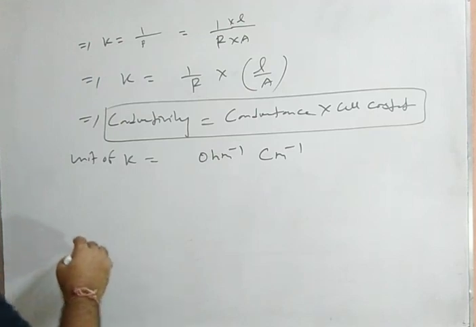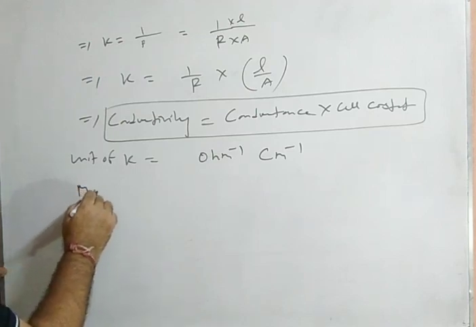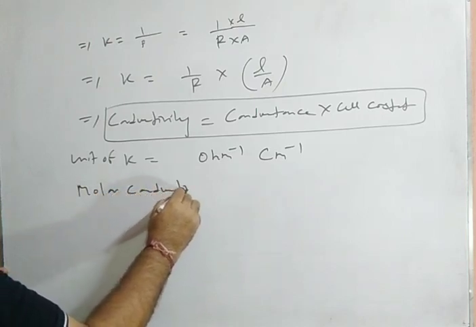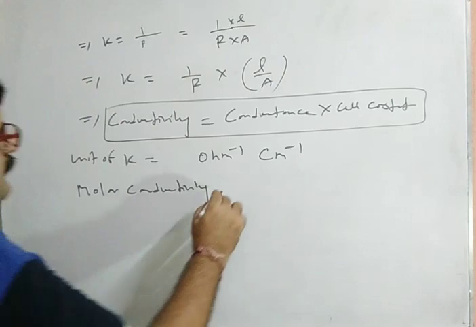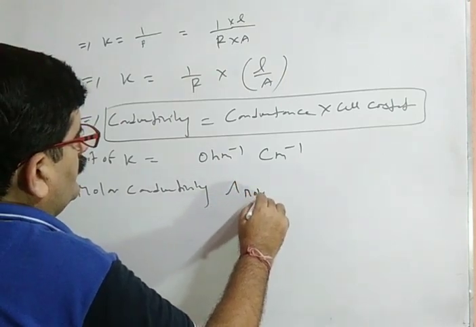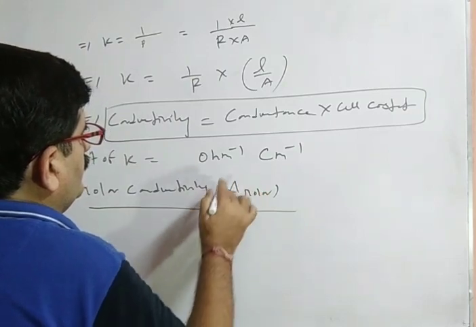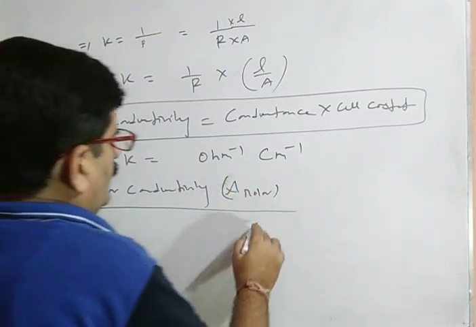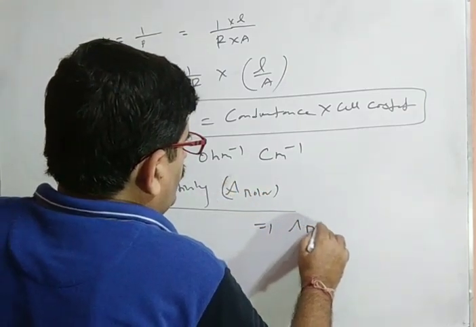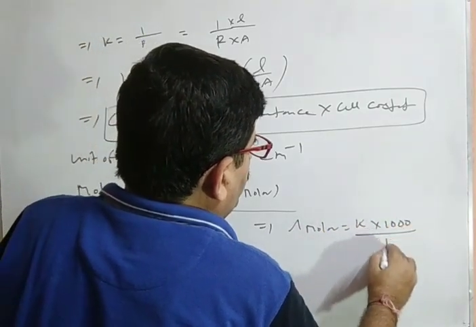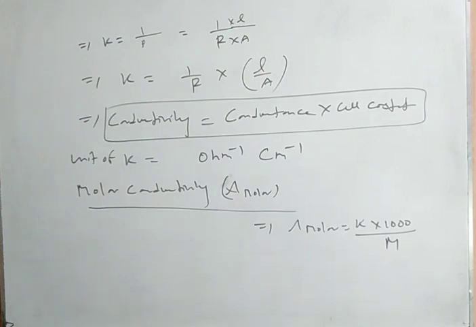Next one, molar conductivity. Lambda molar is equal to K into 1000 divided by M, where M is equal to what?